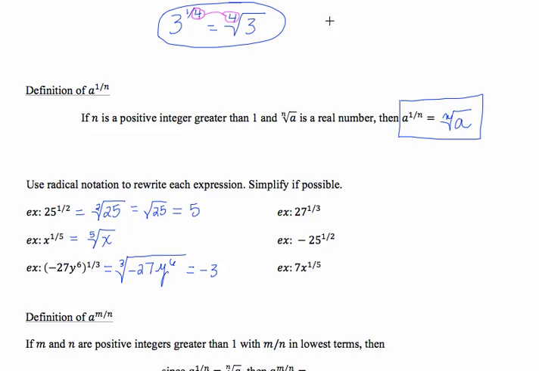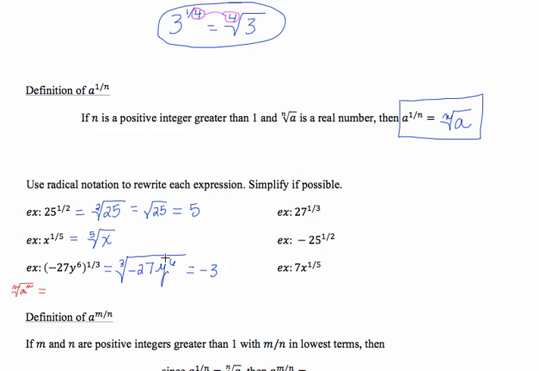Now remember, I'm just going to do some scratch work over here. The nth root of a to the n, if n is even, is equal to the absolute value of a, or if n is odd, it equals just a. Now in this case we have a cubed root, so n is odd, so there is no absolute value, it's just a.